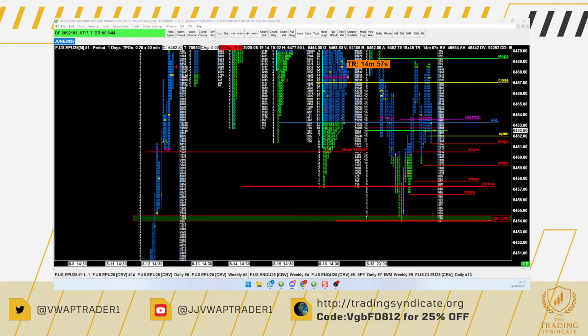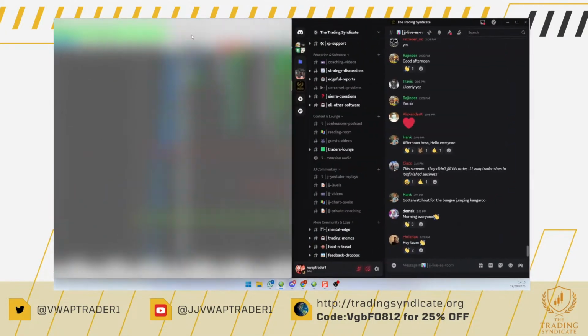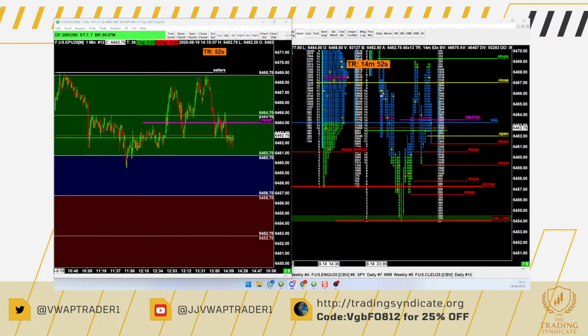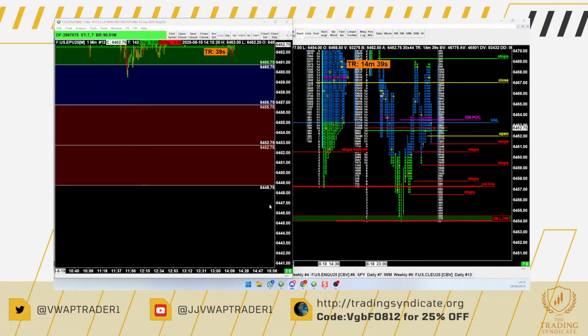Okay, so trades off the open. Oh yeah, my balance levels. Balance levels are 64.56 and three quarters to 68 and three quarters. That's the profit zone.